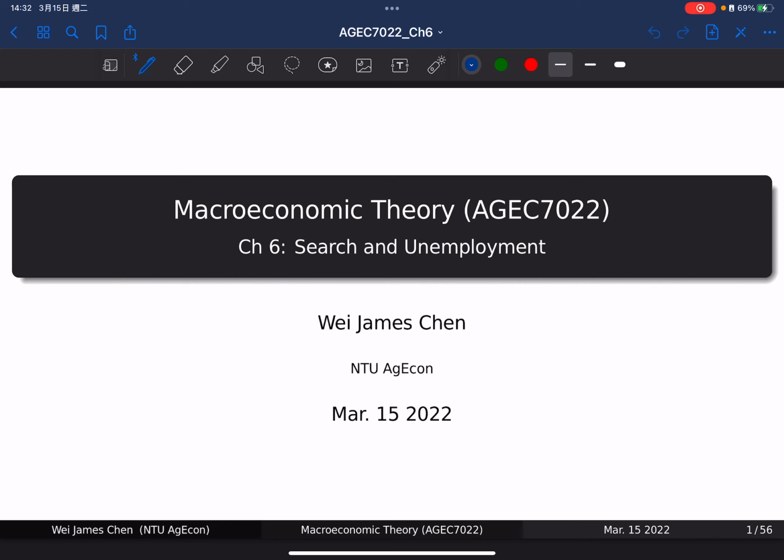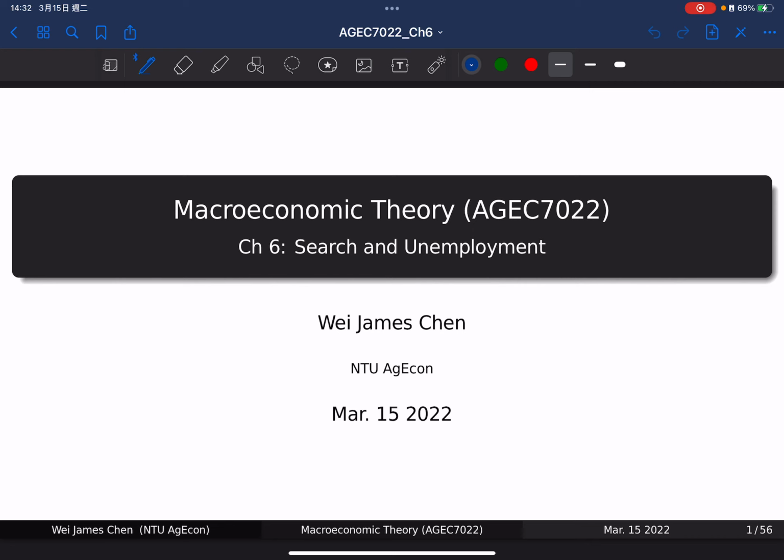Okay, but here we're going to focus on something that's more detailed, which is unemployment. And in an undergrad course, you probably have learned this. You know the definition of unemployment, which we will come to real quick anyway.